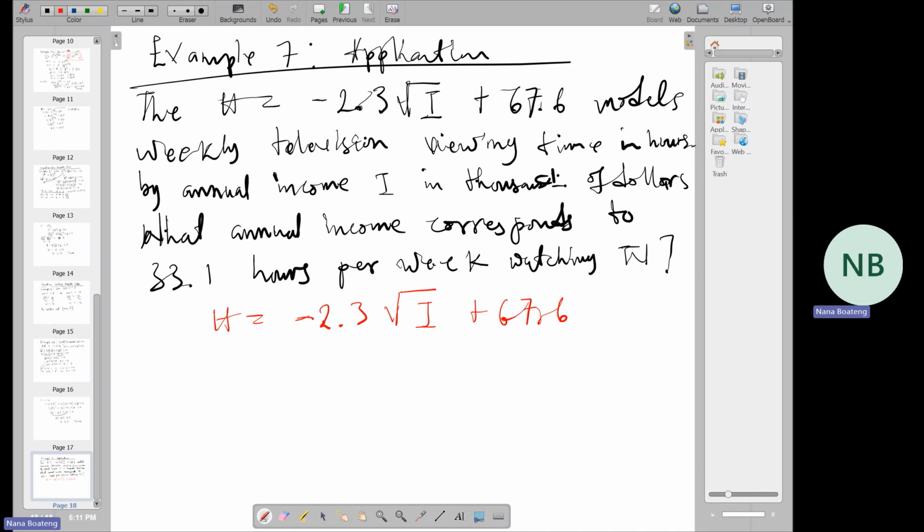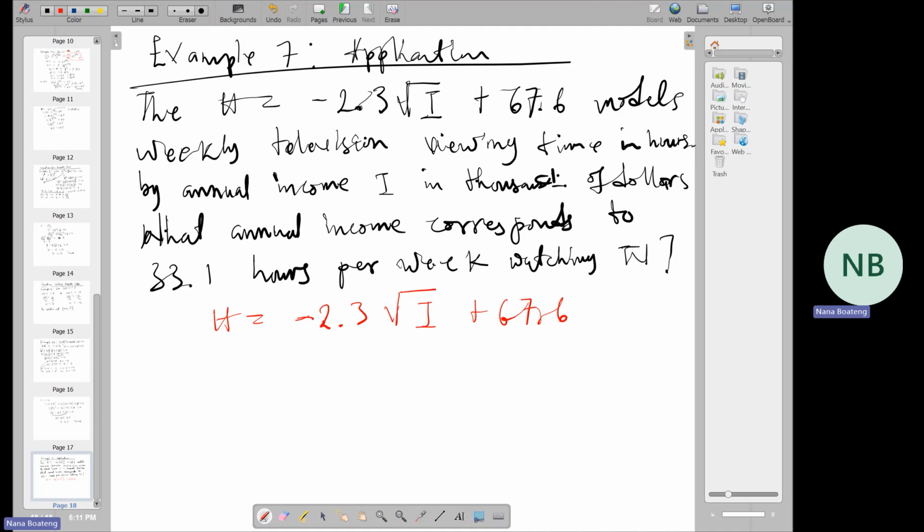So this is an equation of the radical form. So the first thing that we do is to group all terms except the radical on one side, then we square both sides. In the question, we are given that h is equal to 33.1. The number of hours, 33.1, is being given, and we are asked to estimate the annual income based on that.